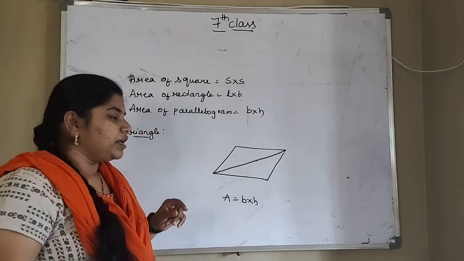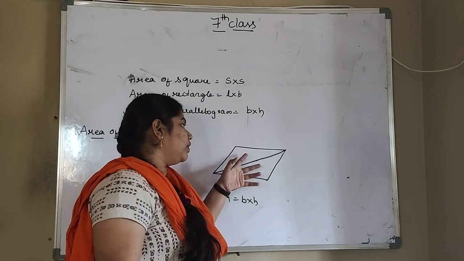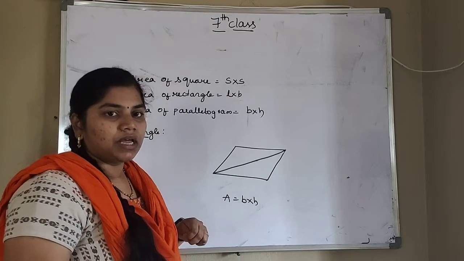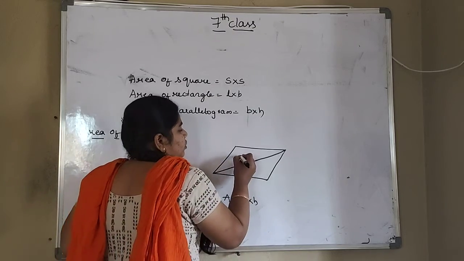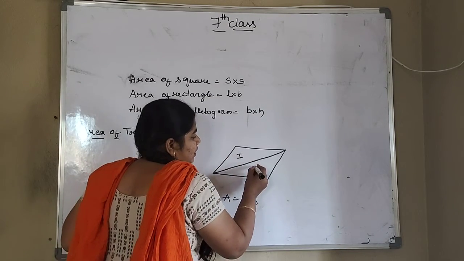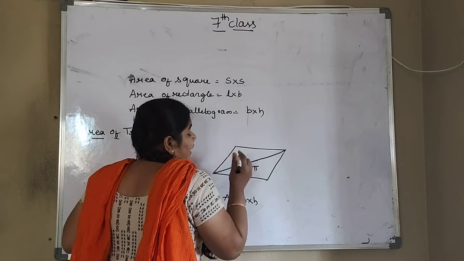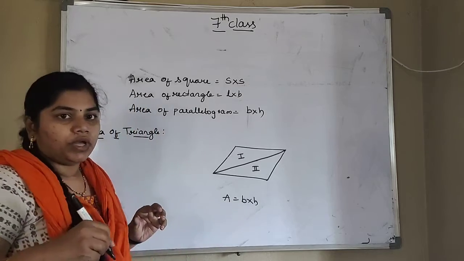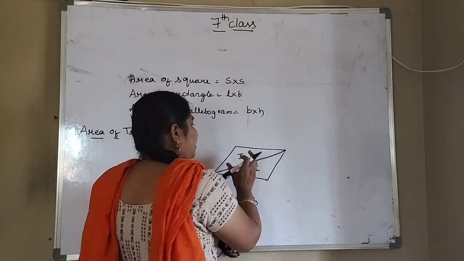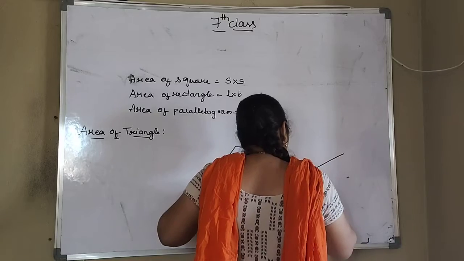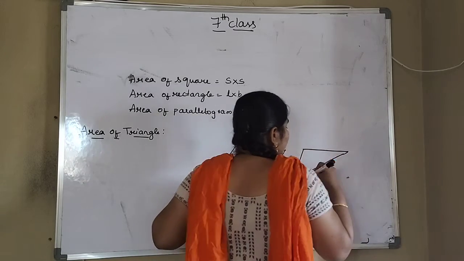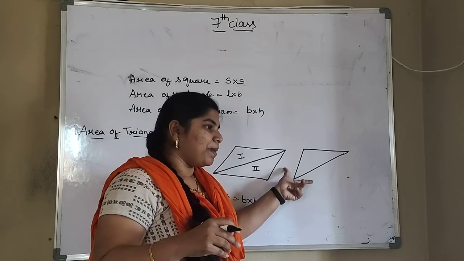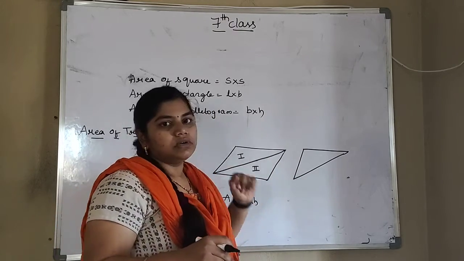After dividing this parallelogram with the diagonal, it has been converted into two parts. The first part is a triangle and the second part is also a triangle. So this is half of the parallelogram.